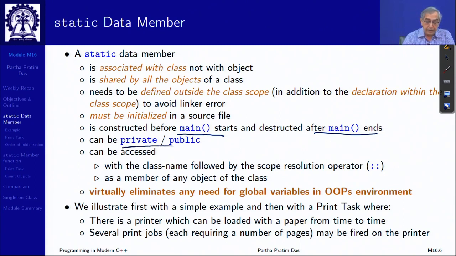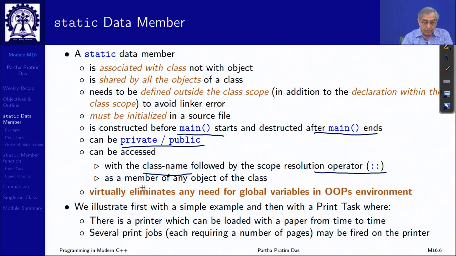A static data member, like a non-static data member, can be private or public. Now, since it is a static data member, it is not dependent on the instance of the object. So, I can access a static data member by just using the class name, that is, the fully qualified class name, colon colon, the static data member name.